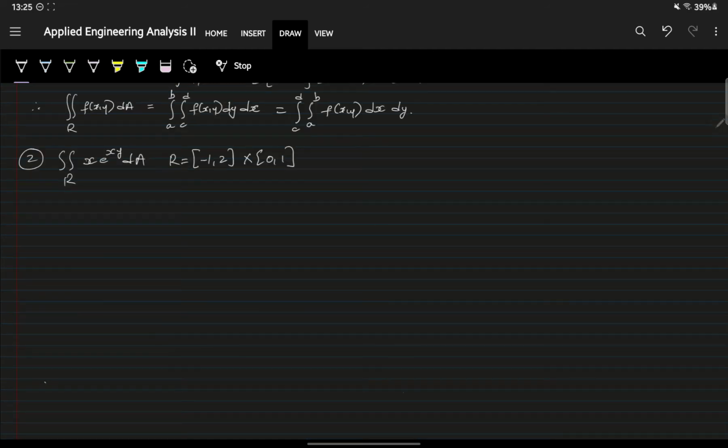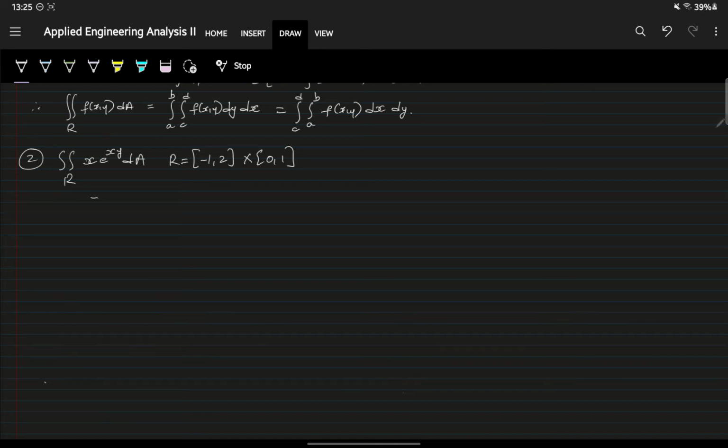Okay, let us consider another example. We have a function x e power xy, where the limits are given between -1 and 2, and 0 and 1. In this, we can solve by substitution, and we can see the methods of substitution and also how the two limits are being used to solve this entire equation.